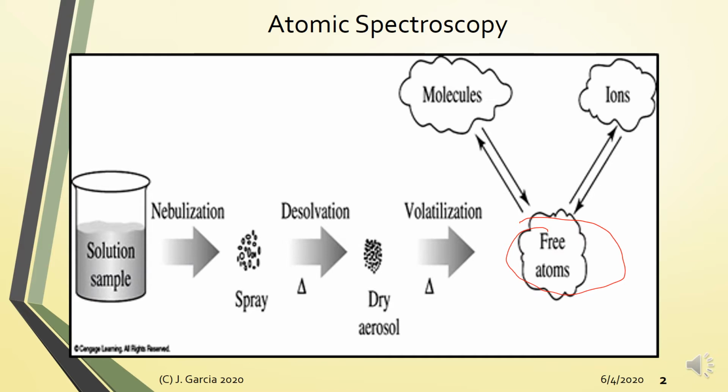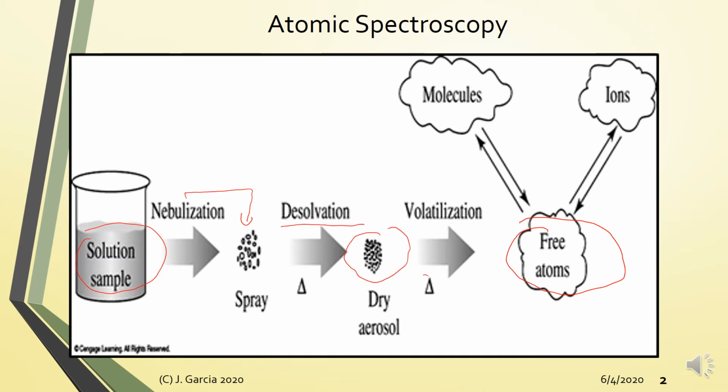Usually the sample is converted into a solution. The instrument for atomic spectroscopy would have components that allow for nebulization. When you say nebulization, you convert the solution into a fine spray, which, usually by heat, you dry. You remove the solvent, so what you now have is the dry aerosol.